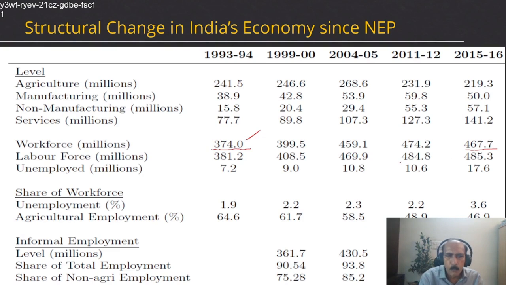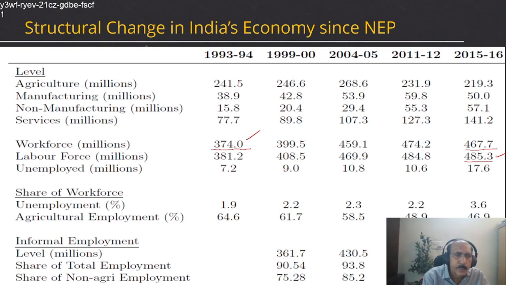It has declined, while the labor force is consistently rising, 381 in 93-94, and is consistently rising. Of course, in the last survey conducted by the Ministry of Labor, it is almost stagnant. Labor force stagnation means that most of the people who are eligible for jobs may not be participating in the labor market and not seeking a job. They are outside the labor market. That's why the labor force is stagnant.